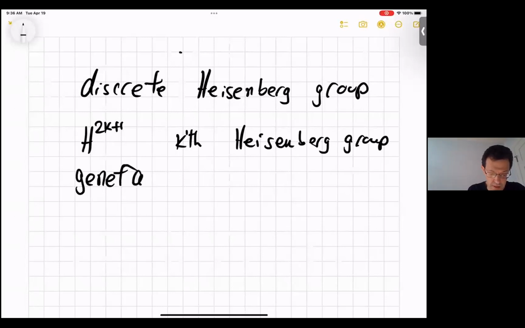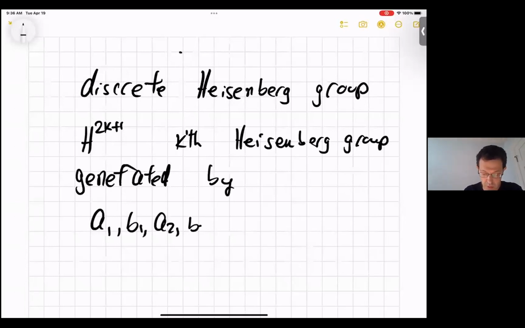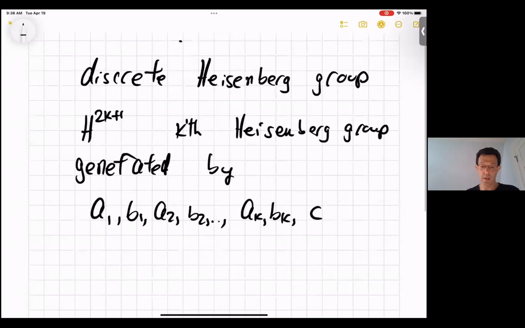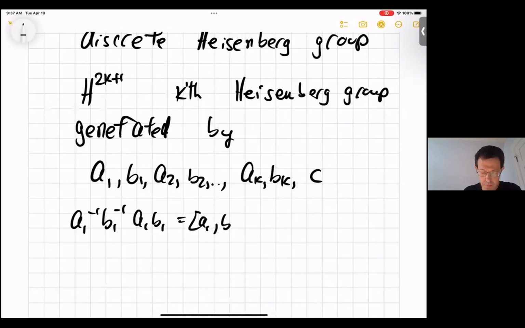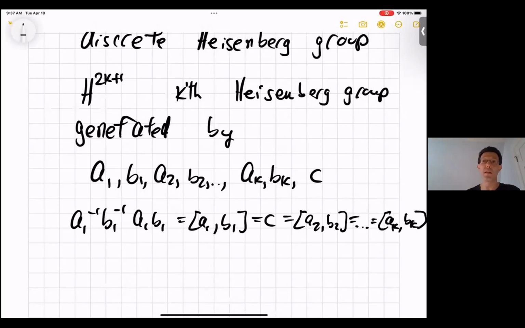So it's generated by, let's say, A1, B1, A2, B2, etc., up to Ak, Bk, and then an element C. And the relations are that the commutator, A1 inverse, B1 inverse, A1, B1, so the commutator of A1 and B1 is C, and also the commutator of A2, B2 is C, up to Ak, Bk, and everything else that you see here commutes.